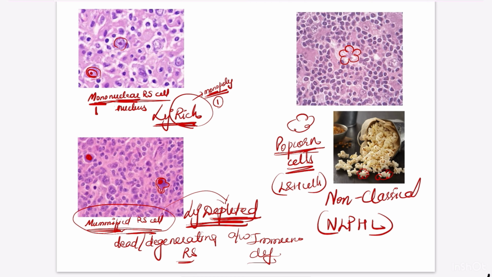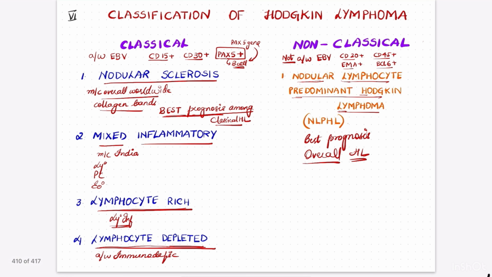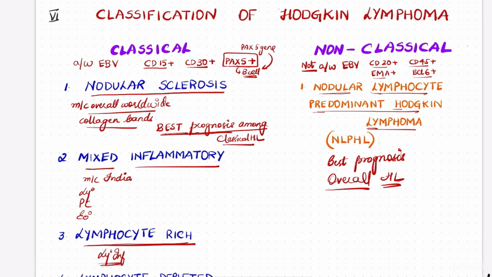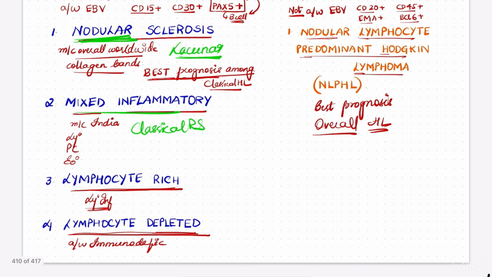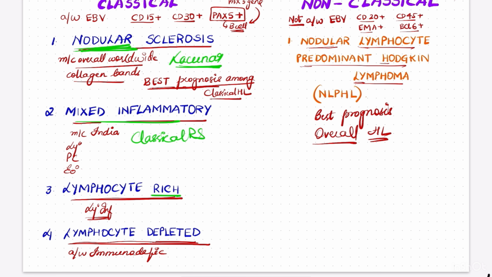So let us now again come back to the classification. In the classification, nodular has this lacunar. You can remember like a rhyme, lacunar, nodular, nodular, lacunar. Mixed has this classical RS cell. Lymphocyte rich, rich people monopoly, so mononuclear RS cell.